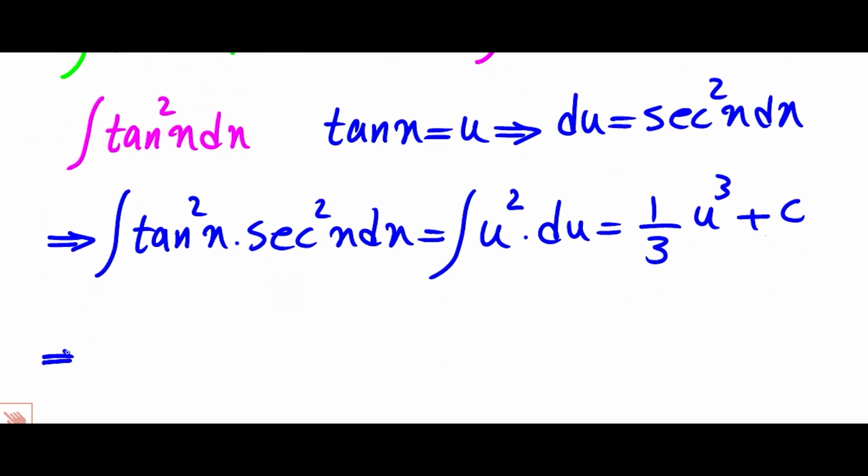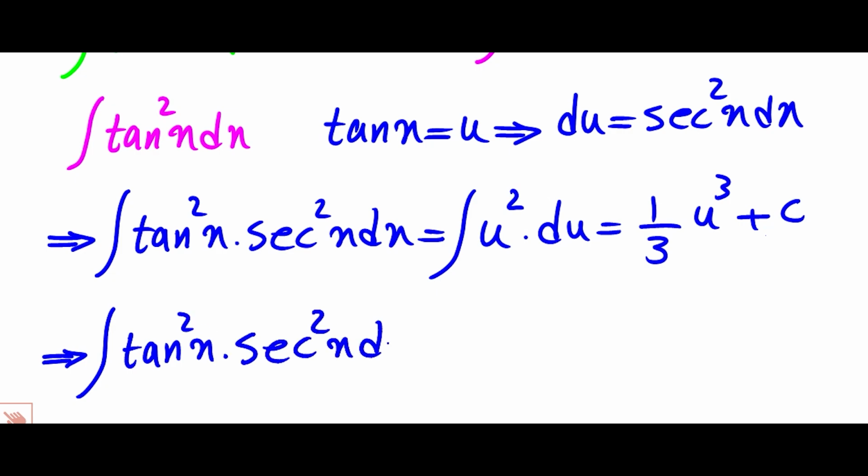So the integral of tangent squared x times secant squared x dx equals 1 over 3 u cubed, and u equals tangent of x, so it means 1 over 3 tangent cubed x plus c. And we already know that the integral of tangent squared x dx equals tangent x minus x.